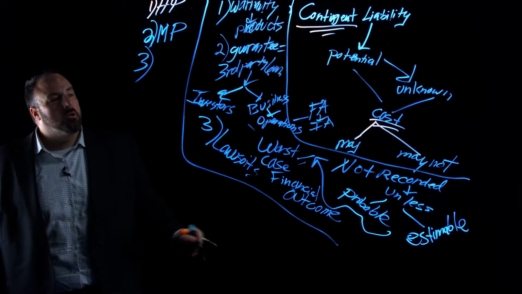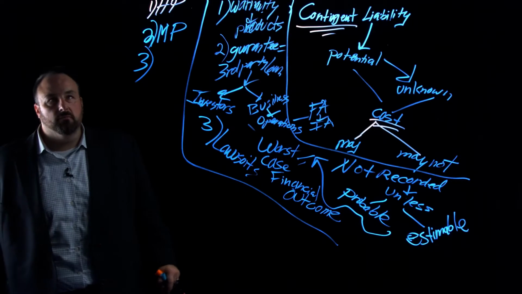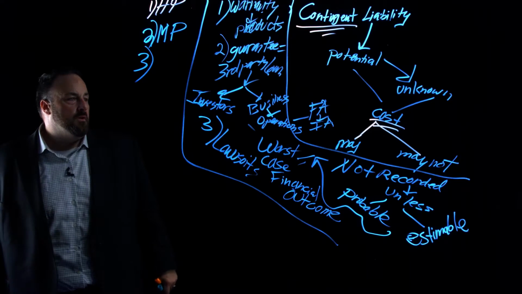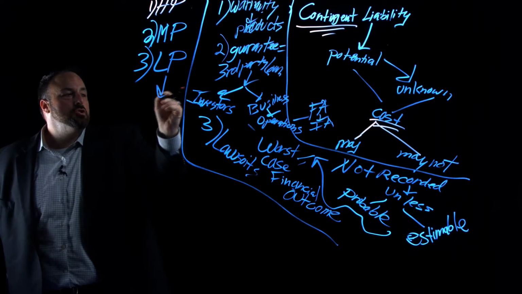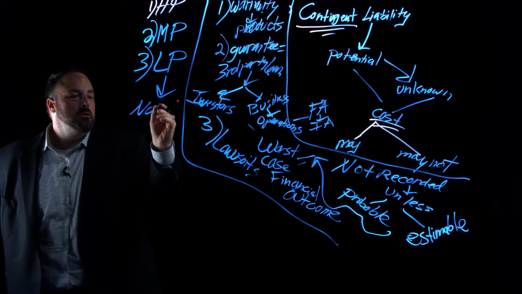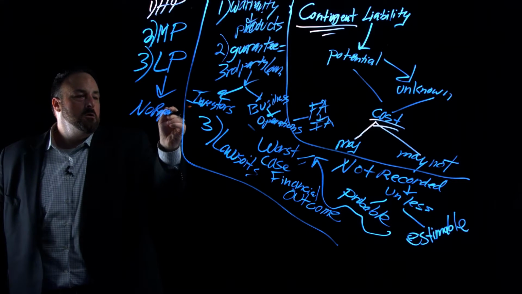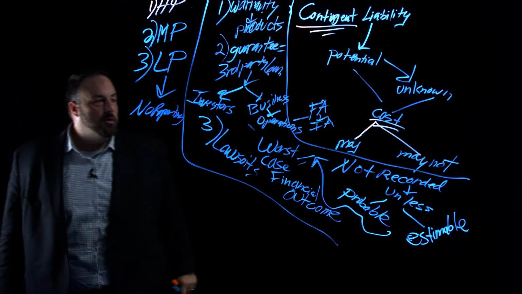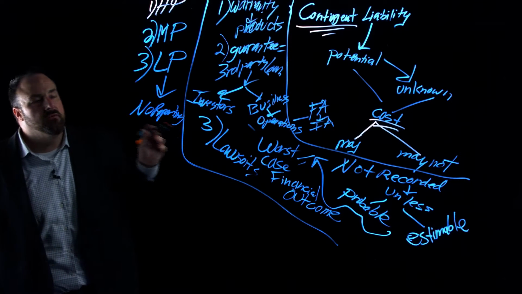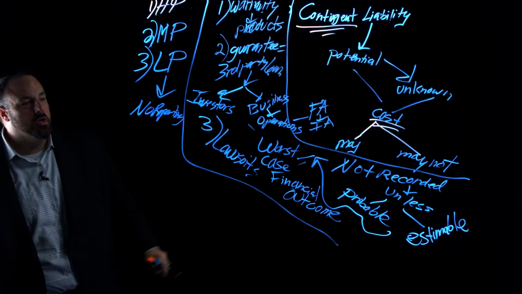Okay, now let's talk about low probability, and I have a really prime example for you that you may see again on the final exam. Now, with low probability, there's no reporting whatsoever required due to the fact that there's a very, very low likelihood of the cost being triggered.